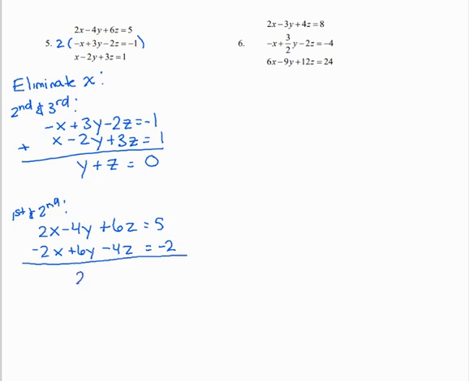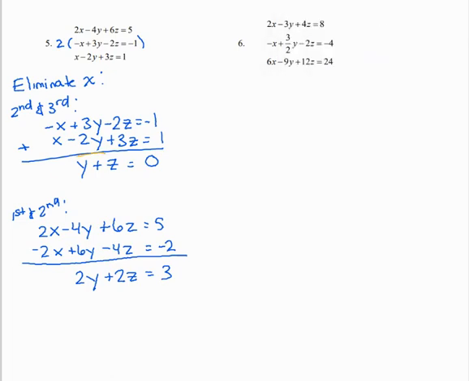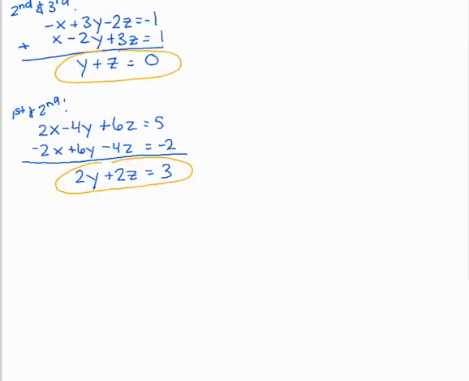X's cancel. I now have 2y plus 2z equals 3. So at this point, I've created 2 equations with the same 2 variables. So I now have a system of 2 equations, y plus z equals 0, and 2y plus 2z equals 3.